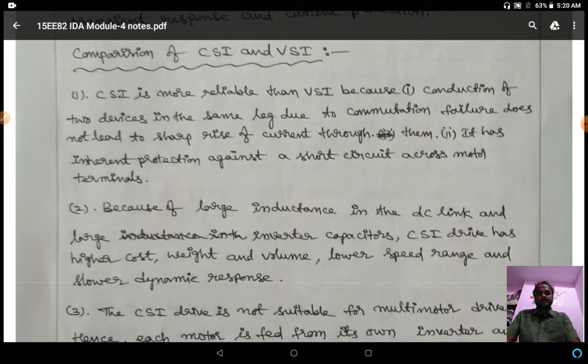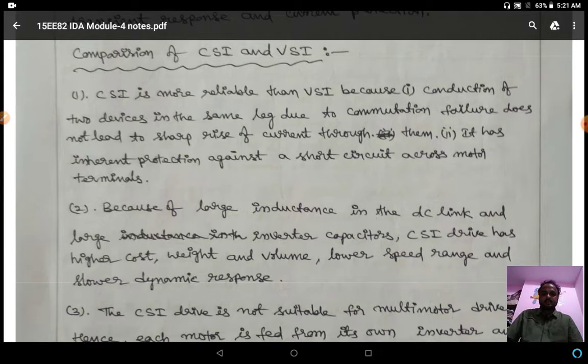We have already seen that the current source inverter is more reliable than the voltage source inverter. The conduction of two devices in the same leg due to commutation failure does not lead to a sharp rise of current through them. So it has inherent protection against a short circuit across motor terminals.